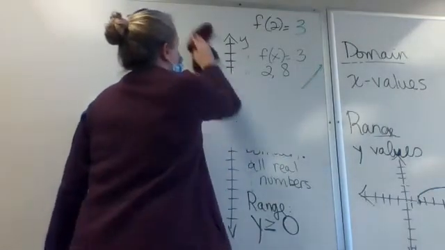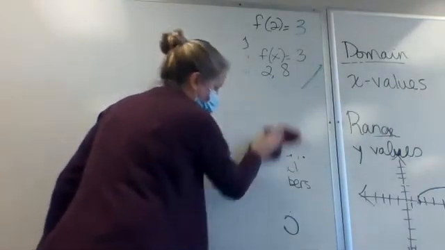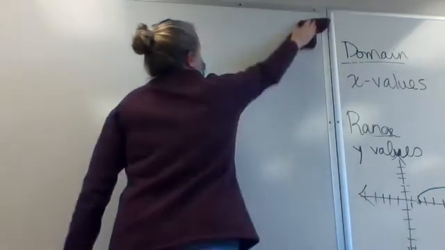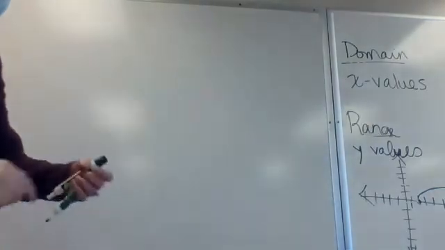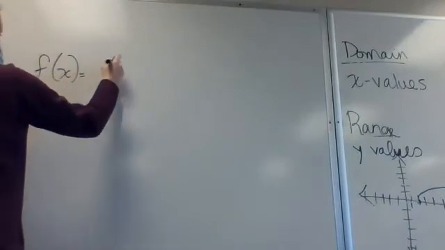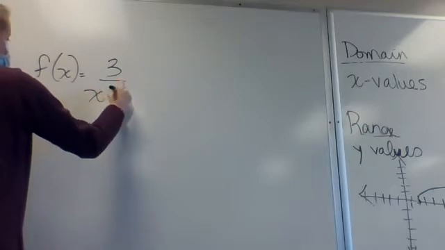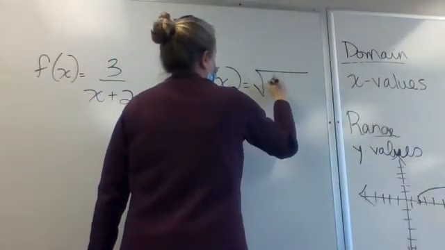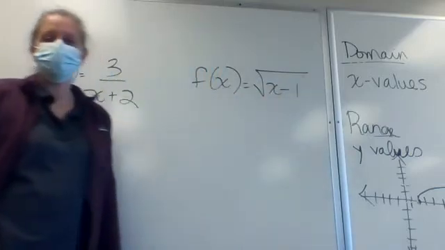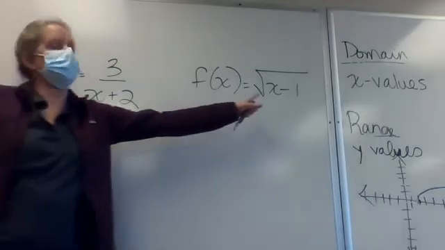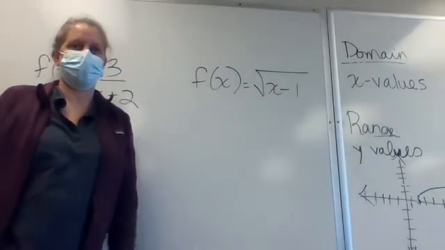So the 2 main restrictions, and we're actually only going to see one of them in this section, is if you have a fraction with an x in the denominator, or if you have a square root with an x underneath.